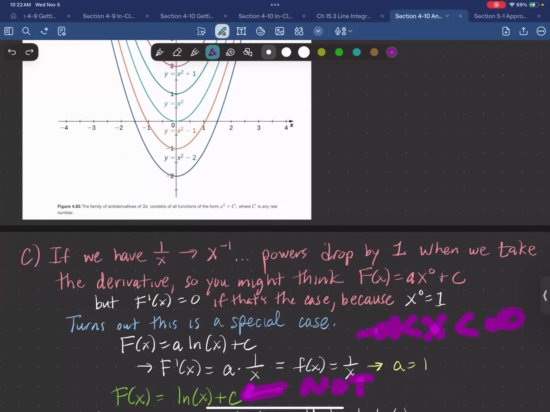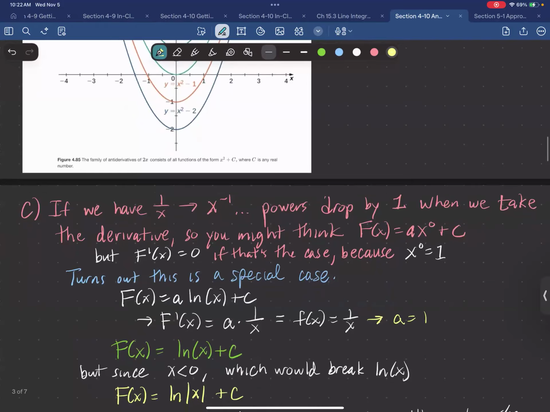So what I'm going to do is put a little stipulation on the natural log of x. Instead of natural log of x, we're going to say natural log of the absolute value of x. And now if we stick in negative x, we still get a positive value. And everything works out just fine. Okay.